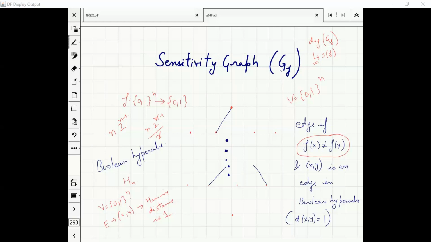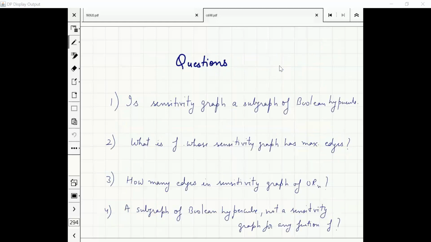So is the definition of G_f clear? Are there any questions about G_f? Okay, if there are no questions, then it is my turn to ask a lot of questions about the sensitivity graph. First is what we call a full toss in cricket, the easy one.